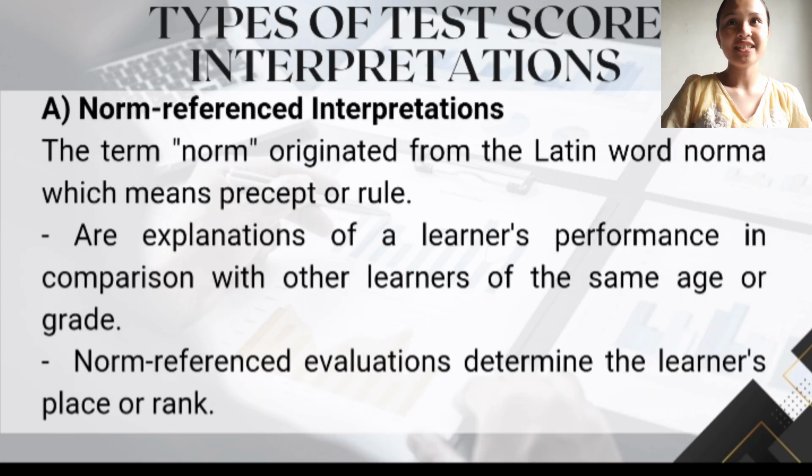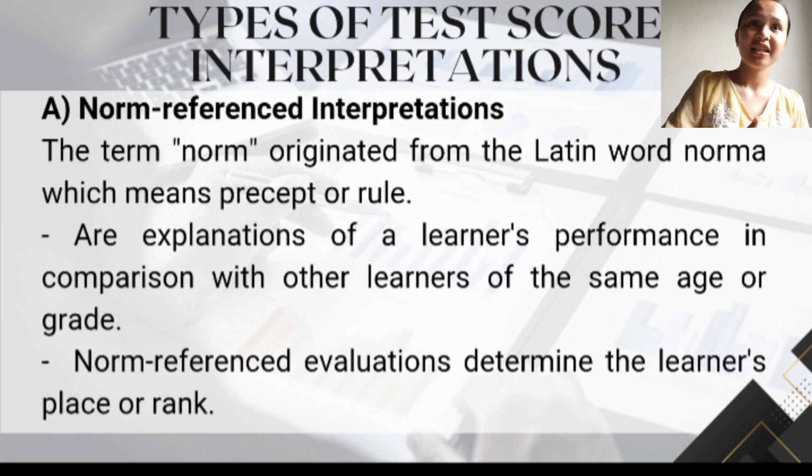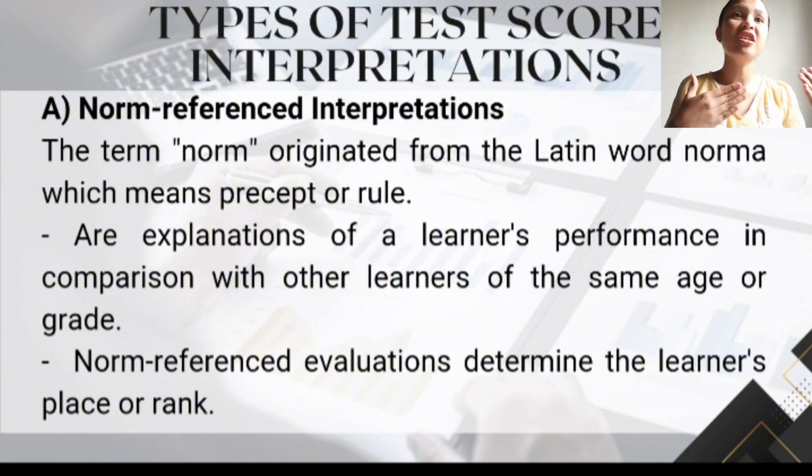And the first one is norm-referenced interpretation. The term norm originated from the Latin word norma, which means precept or rule. It is an explanation of a learner's performance in comparison with other learners of the same age and or grade.